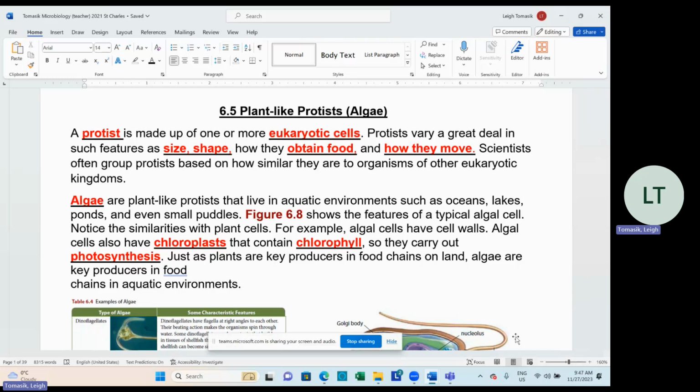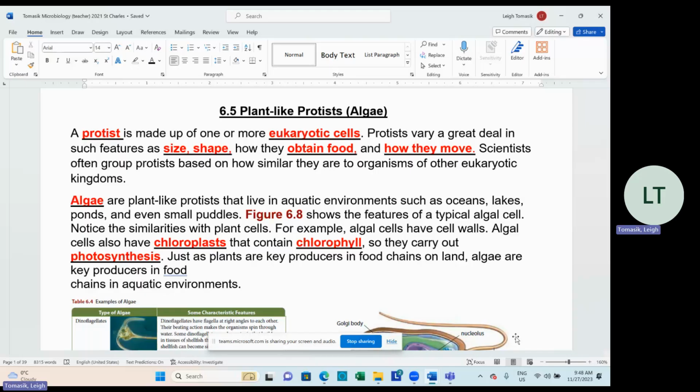A protist is made up of one or more eukaryotic cells. So protists, I will say, are usually unicellular, meaning the whole organism is only one cell big. Sometimes, in the case of what we're going to learn about now, algae, they can be a few cells big.